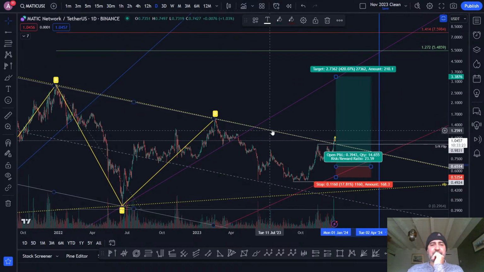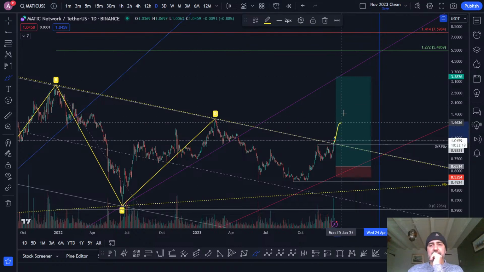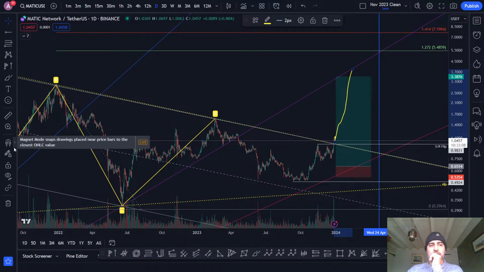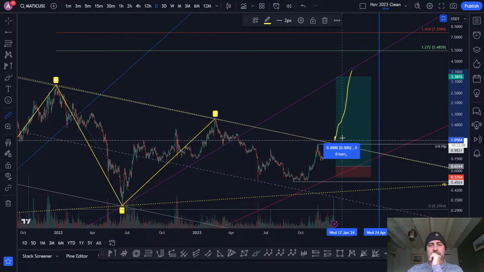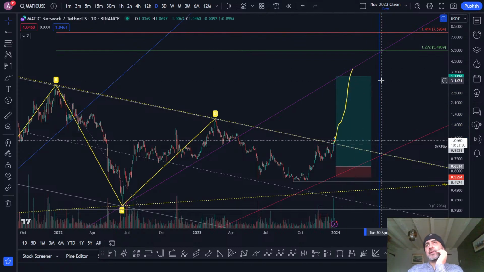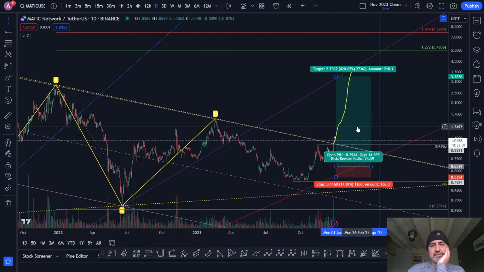I think that will be the first point of real resistance, about $4. From where we are now, that's like a 2.5x.